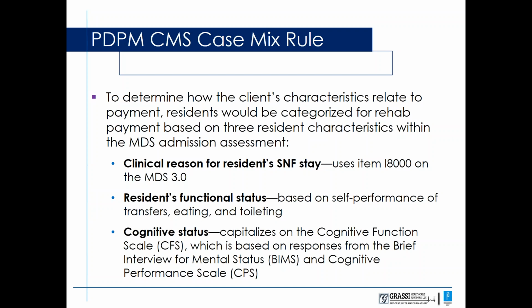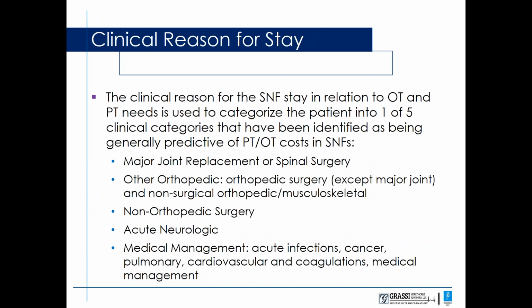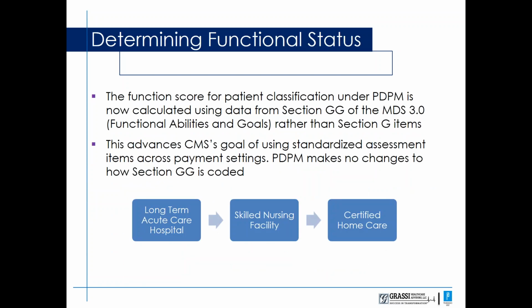And then what Gene's going to be talking about is the cognitive status, which capitalizes on the cognitive functional scale, which is based on the responses from the brief interview for mental status, the BIMS, and the cognitive performance scale, CPS. This just talks about the different categorizations of the ICD-10 coding, forming the basis for reimbursement in different categories.